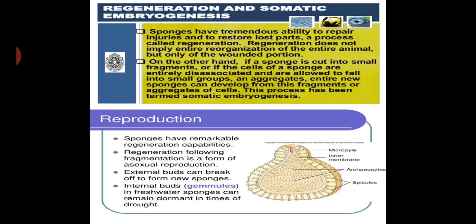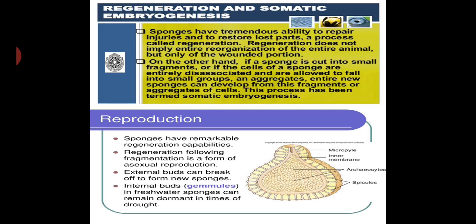On the other hand, if a sponge is cut into small fragments, or if the cells of a sponge are entirely dissociated and are allowed to fall into small groups and aggregates, an entire new sponge can develop from these fragments or aggregates of cells. This process has been termed somatic embryogenesis, as the new sponge is going to develop from somatic cells.